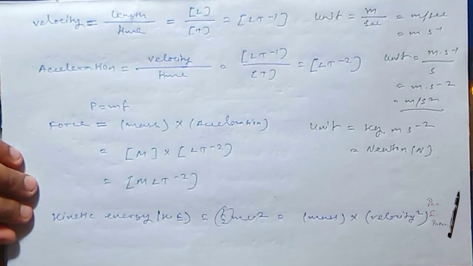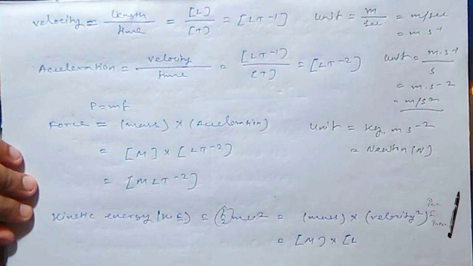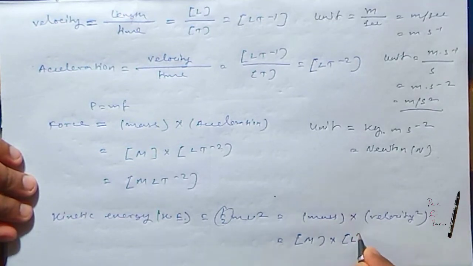So its dimension will be mass M and velocity square is L square T inverse 2.